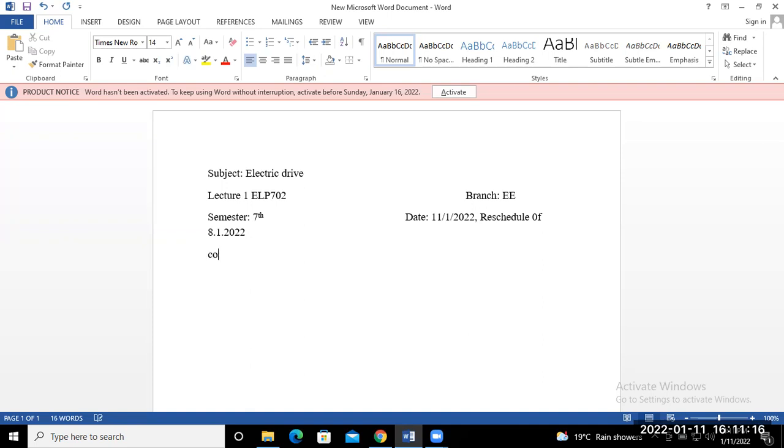The contents: concept of electric drives.